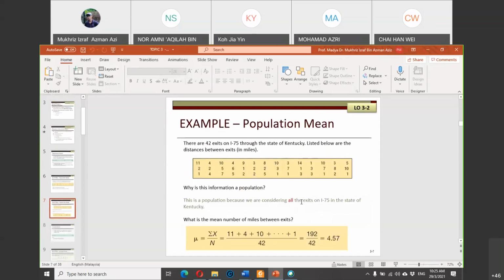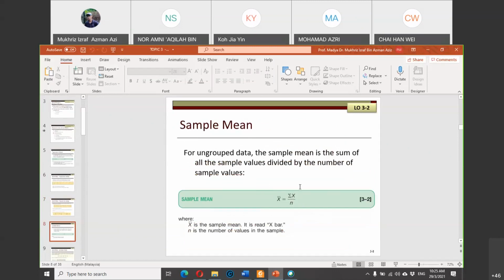Let's go to this slide first before we go back to the previous two slides. We started with the population mean and then we continue with the sample mean. If you compare the sample mean and population mean, for the sample mean, instead of using mu, we are using x bar. So x bar is the notation for the mean when the data belongs to the sample.